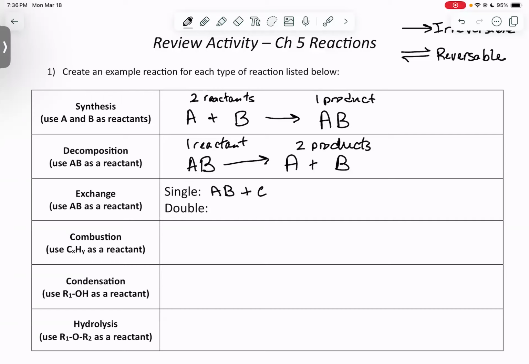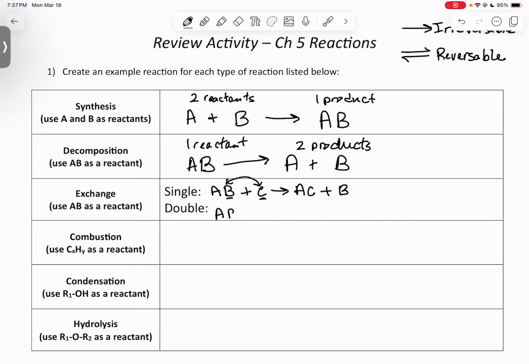So I'm going to add something else. I'm going to add C to it. What's going to happen is I'm going to have an exchange. Where I had B, I'm going to exchange it for C. So those two are the ones that are going to exchange, and I'm going to get AC plus B. This is a single exchange because I only did one exchange.